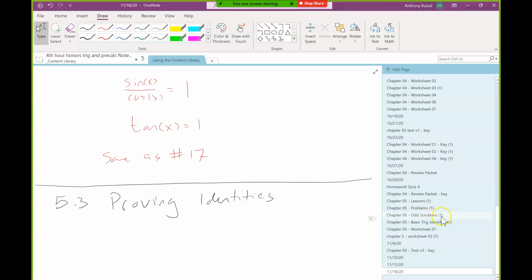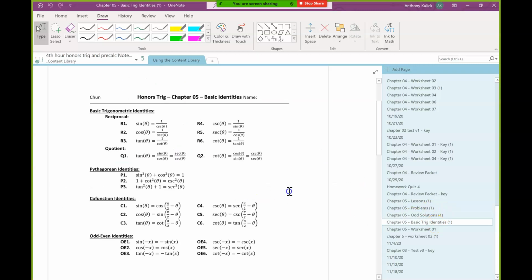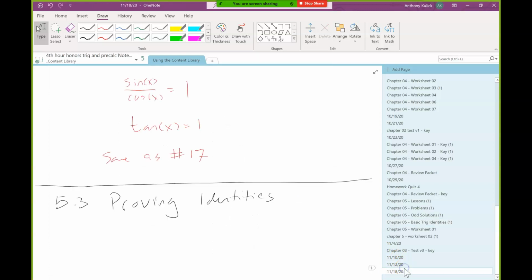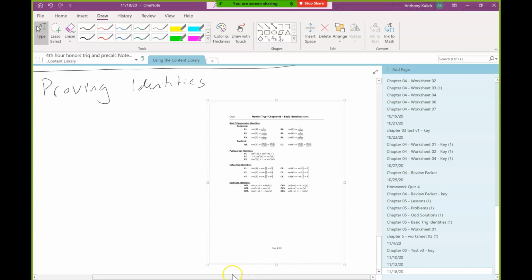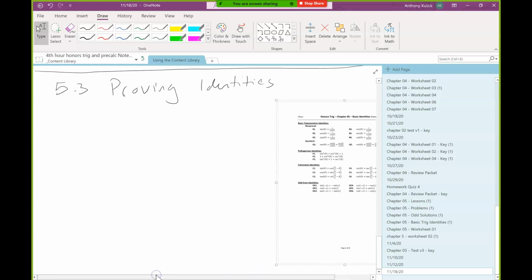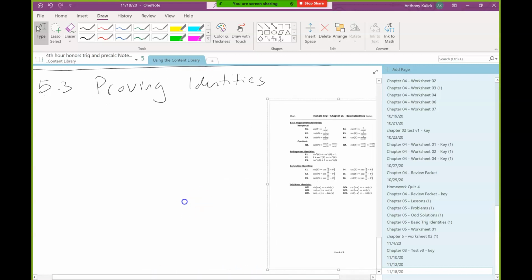We're going to be using our identity sheet throughout, so I'm going to copy and paste that in here so it's easy for me to reference. If you want to have yours out so that it's handy to look at, we'll be using that throughout this lesson.